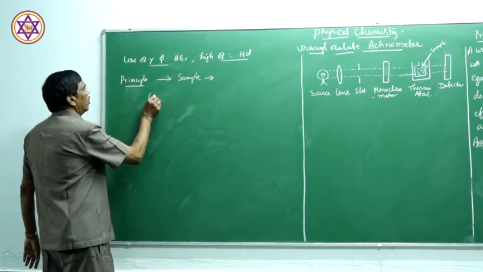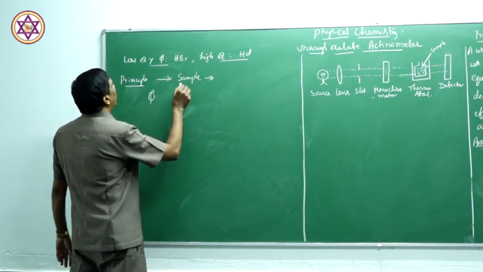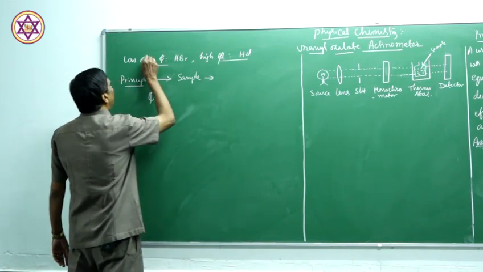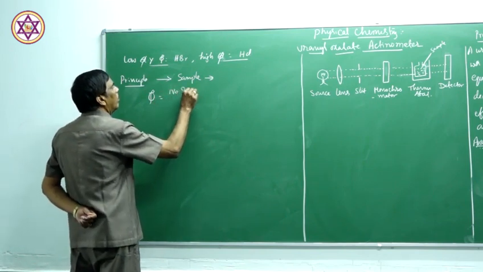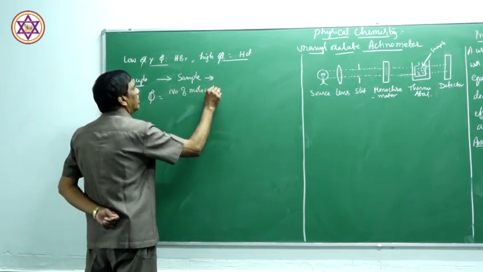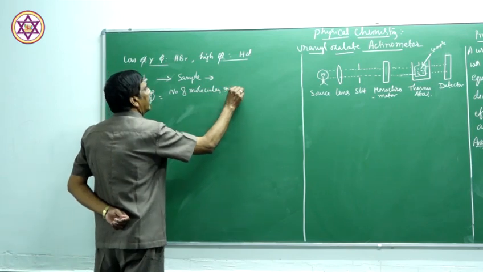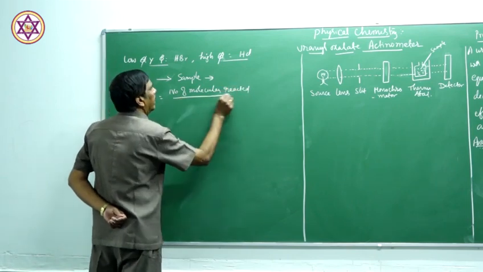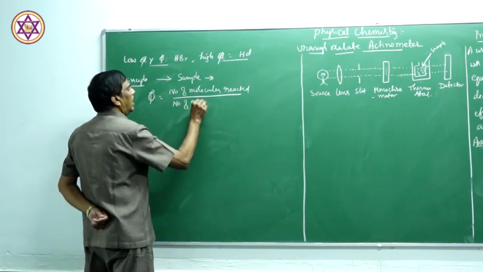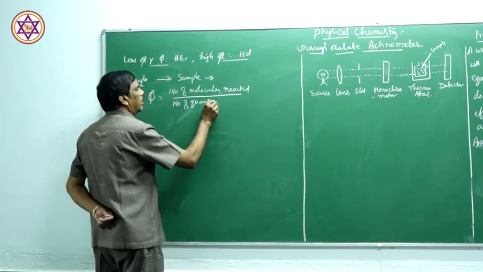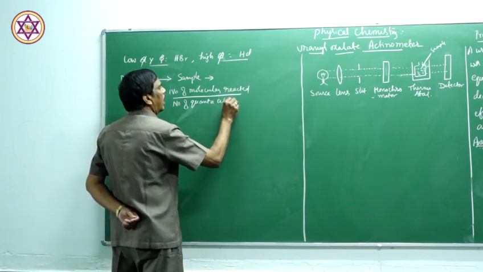Now, we know that quantum yield phi is equal to the number of molecules reacted divided by the number of quanta or photons absorbed.